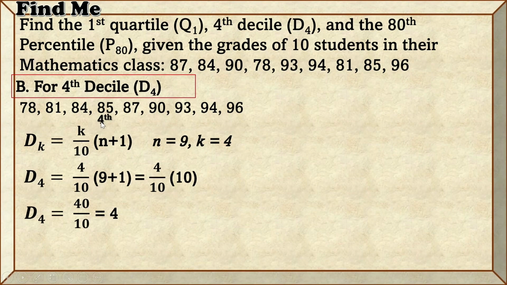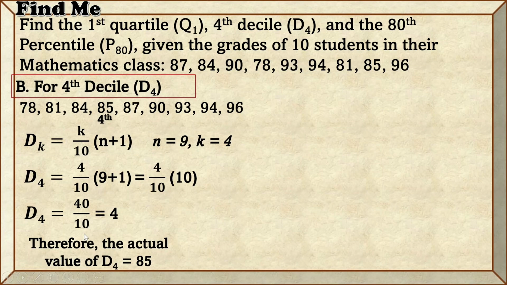So, ito yung fourth score, which is the 85. Since the result of the position of the fourth decile is a whole number, hindi na natin kailangan mag-interpolate. So, therefore, the actual value of fourth decile is 85.